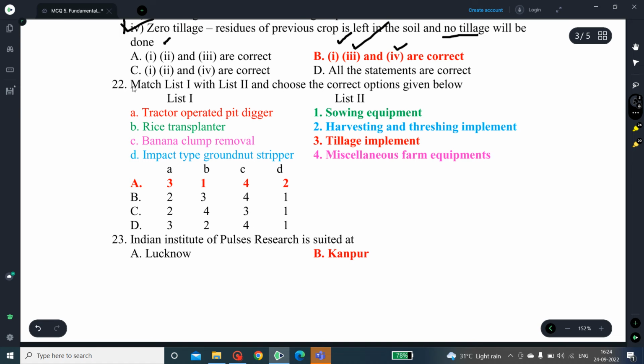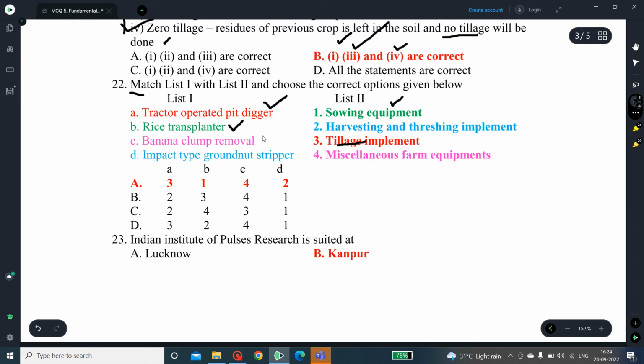22nd question, match the following again. The tractor operated pit digger is the tillage implement. That is the correct matching option. Rice planter is the sowing equipment. Correct matching point.